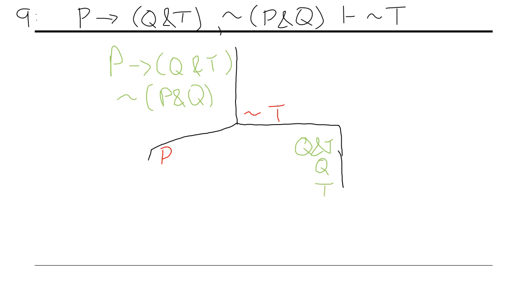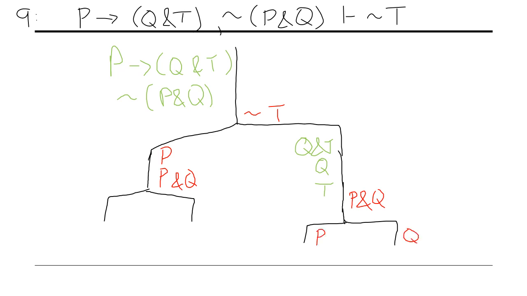Now we need to do the second premise. Both of these. So we got to flip it across. P and Q. And Q. And then what makes an ampersand false is that one of them is false.